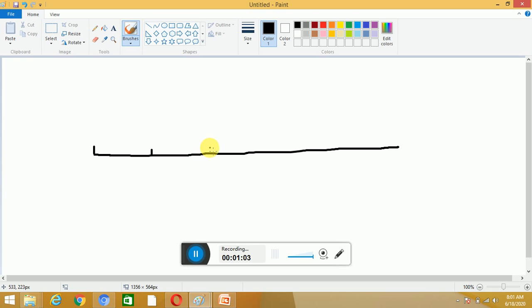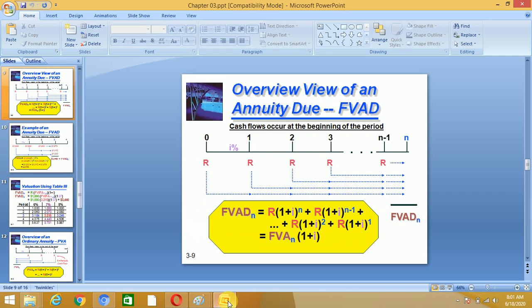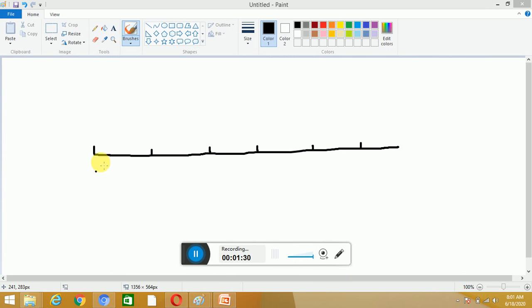This was a timeline: zero, time 1, 2, 3, 4 and 5.